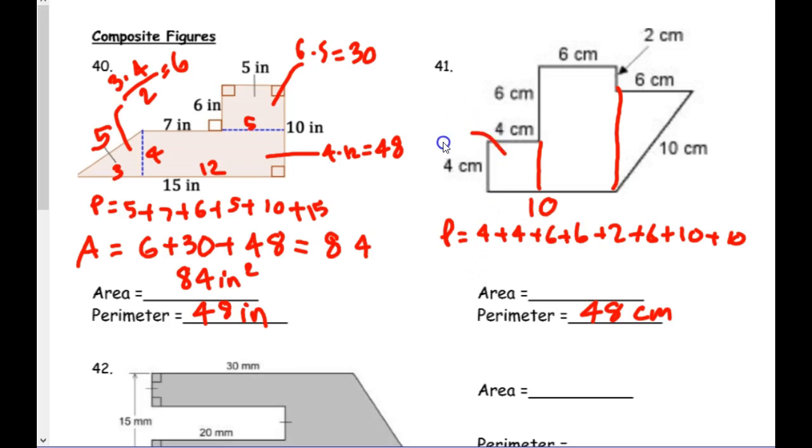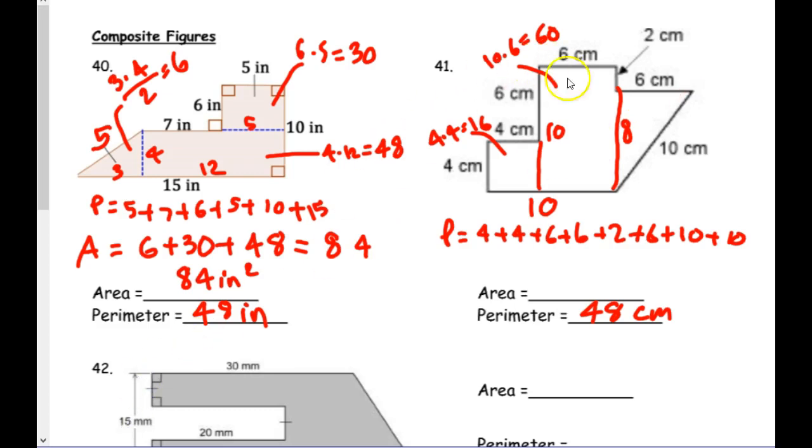And now let's find these areas. So this is going to be 4 times 4, which is 16. This is going to be, now this whole length is 6 plus 4. So it's going to be 10 times 6. So 10 times 6 is 60. And then what is this little length right here? If this is 2, and the whole thing is 10, then this is going to be 10 minus 2, 8. So this is going to be base times height divided by 2.